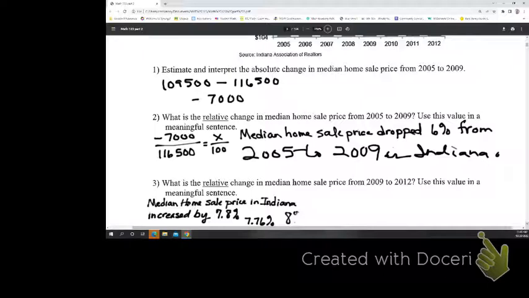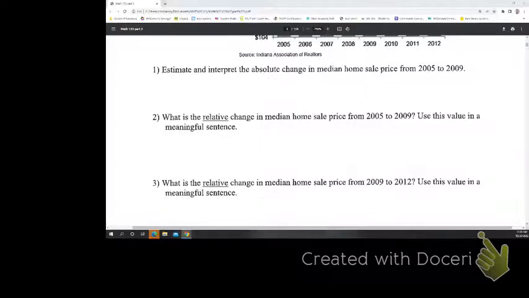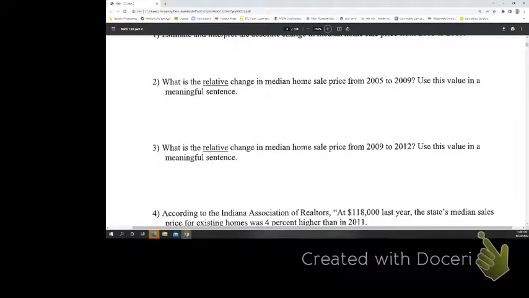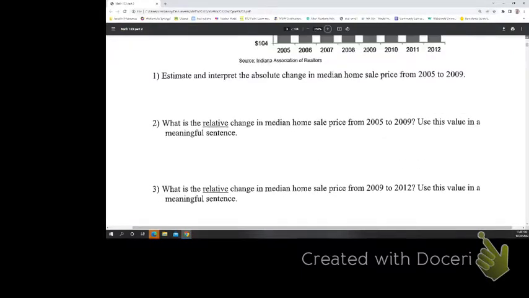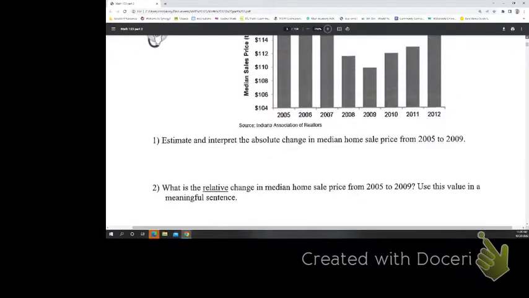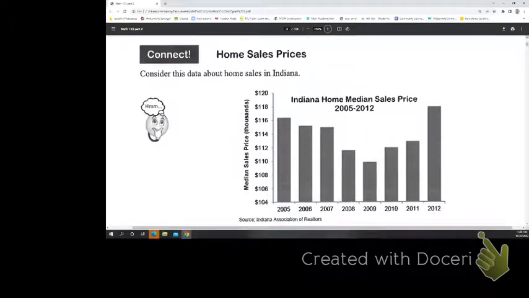So now, I want you guys to just look at, this next one is a look at and think what you perceive. So I'm going to show the graph again, and then read the question. According to the Indiana Association of Realtors, at 118,000 last year, well, this was written a few years ago, right?